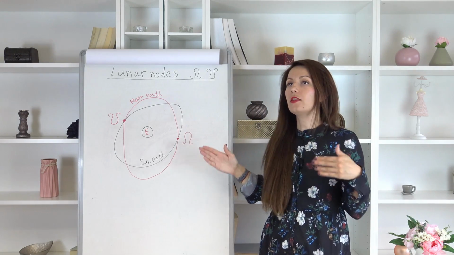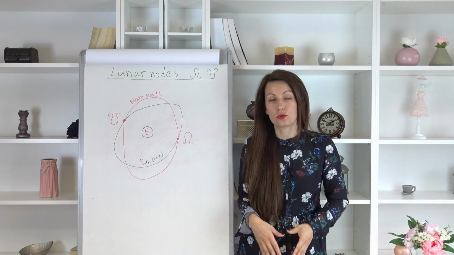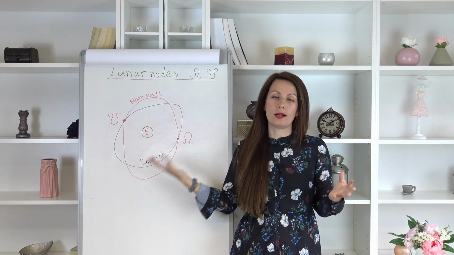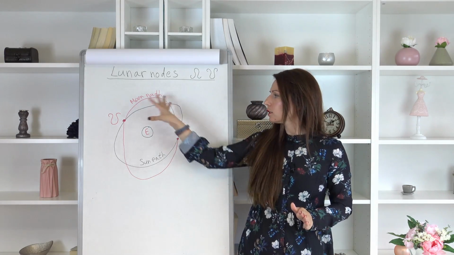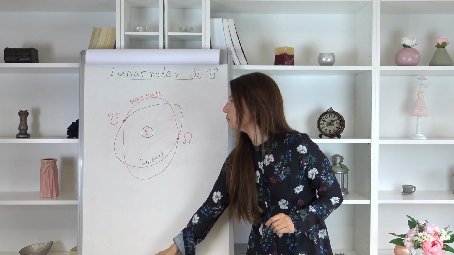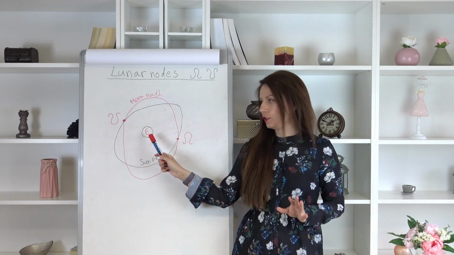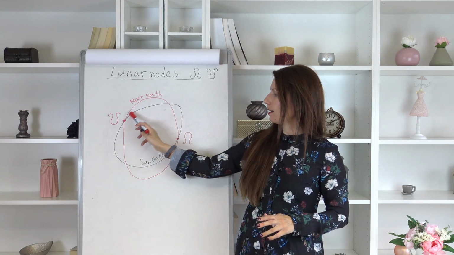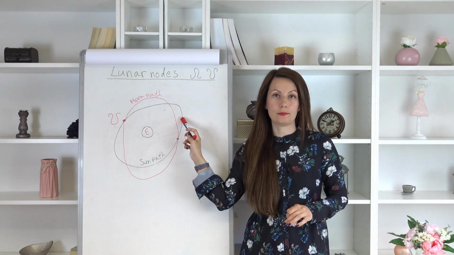Honestly, I don't think that you can do this on your own, and you don't have to. There are tables with the lunar nodes which are calculated for us. So let's explain. Here on this drawing, this represents the earth. Here we are on the earth, and in the black color, this is the path of the sun, or the ecliptic.